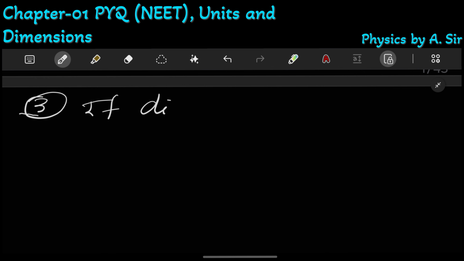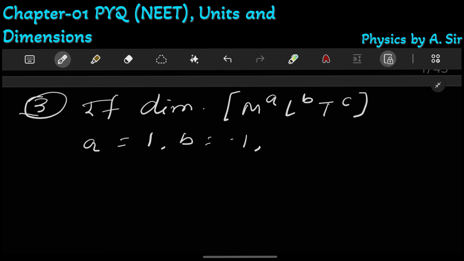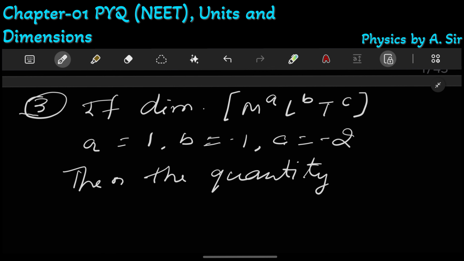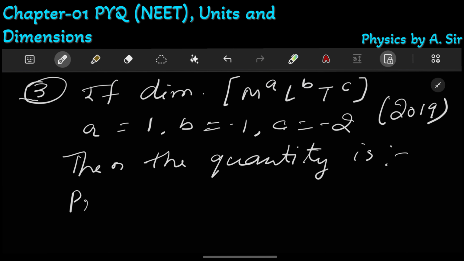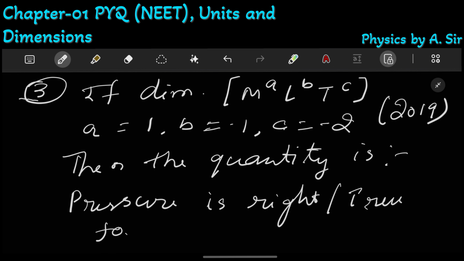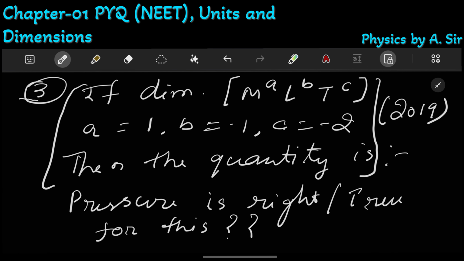If dimension is M^a L^b T^c, and the value of a is 1, b is minus 1, and c is minus 2, then the quantity is... the question is in 2019. Actually, the question is whether pressure is right or wrong, is true for this, but one can assume that like this anytime question can be asked.